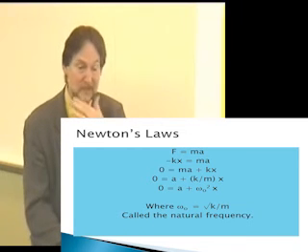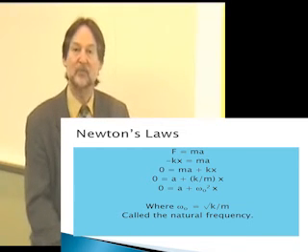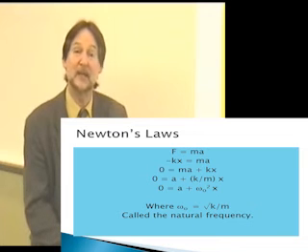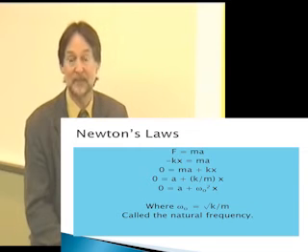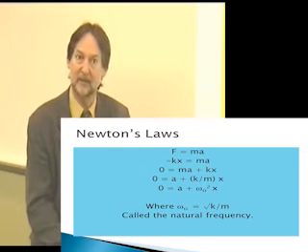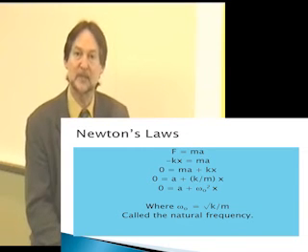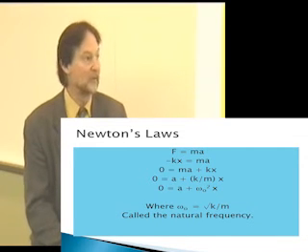By natural frequency, we're really saying this is the frequency that the system will oscillate with when disturbed. Notice that it depends upon two attributes of the system: the spring, which is characterized by a spring constant k, and the mass that is displacing the system.